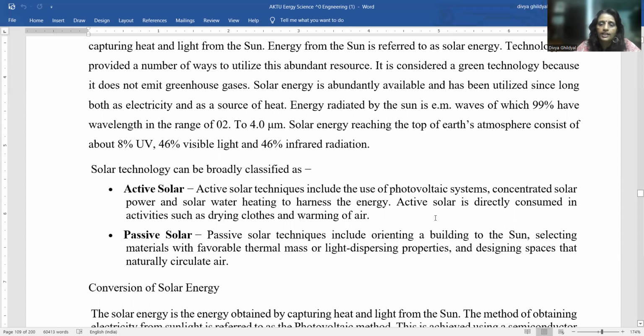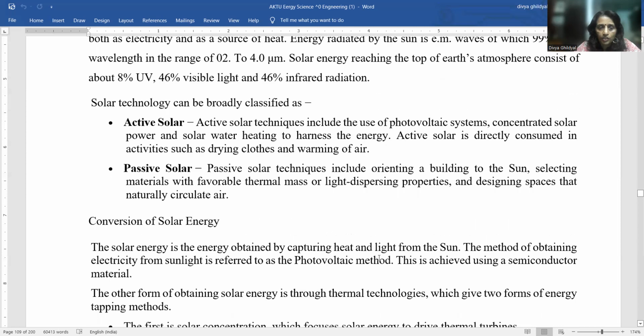Active solar is directly consumed in activities such as drying clothes, warming of the air, etc. The passive ones include orienting a building to the sun, selecting materials with favorable thermal mass or light dispersing properties, and designing spaces that naturally circulate air. More detail of this is in your 4th unit, Green Building, Green Architecture, where you will be utilizing this knowledge of trapping solar energy in daytime and utilizing the same at night.